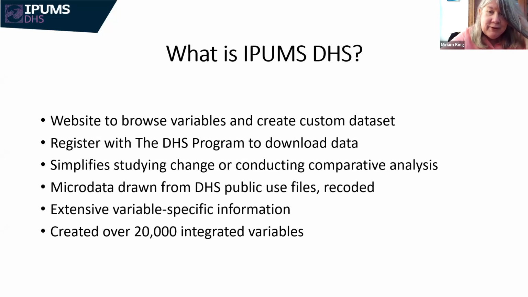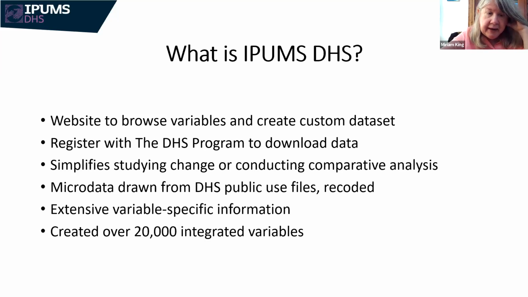So the strength and the weakness of working with the DHS is it can be overwhelming that there's so much material on so many topics. And we have made it easy to see at a glance, as you'll see in the website demo, what material is available in each survey, and to drill down and learn about variables in depth.